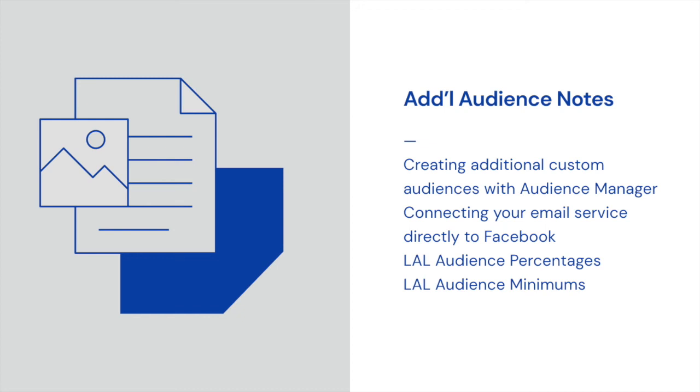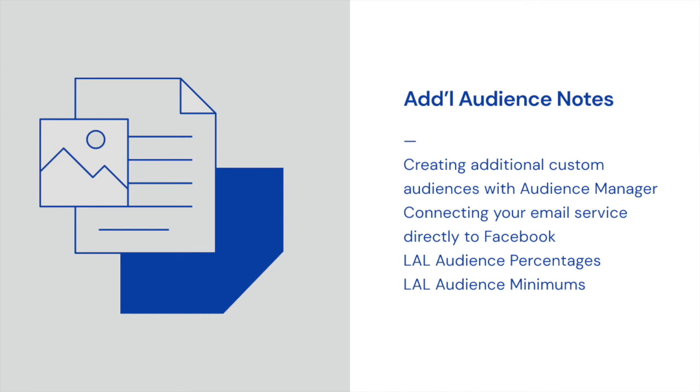If you don't want to bother with a connection, you can download a customer CSV file either from your email service provider, or if you've got a large customer list in Shopify, you can download that and upload a CSV file into your audience manager. We showed you that button that you could click on during the custom audience creation.